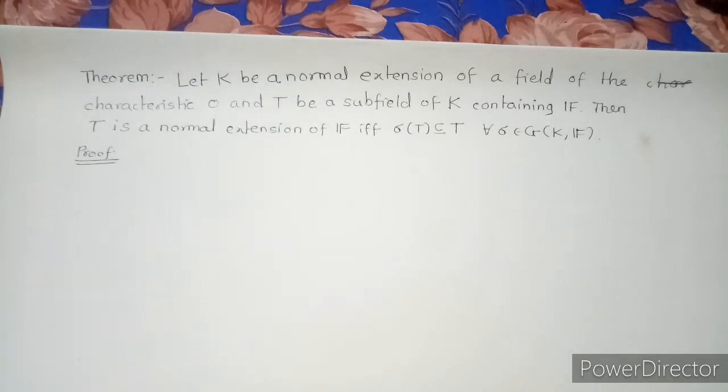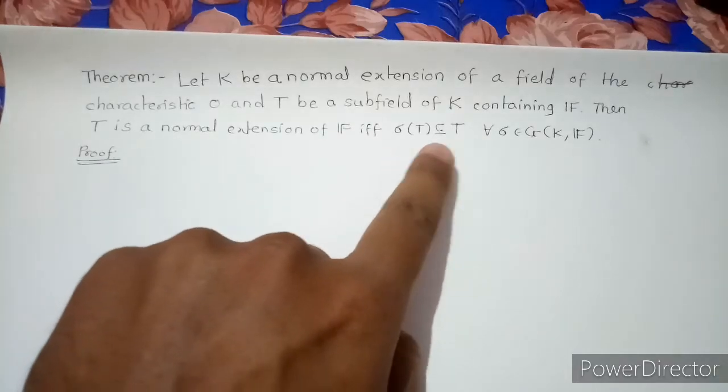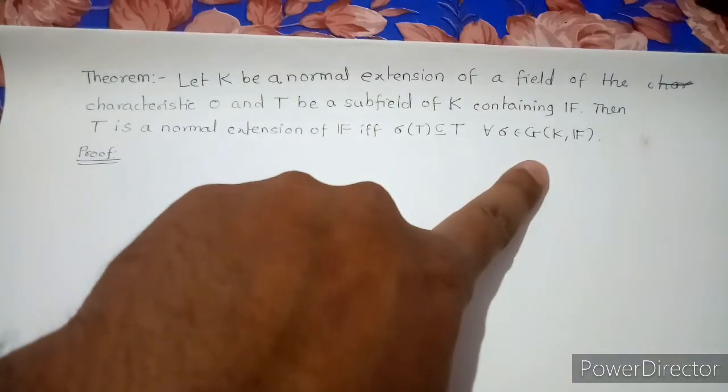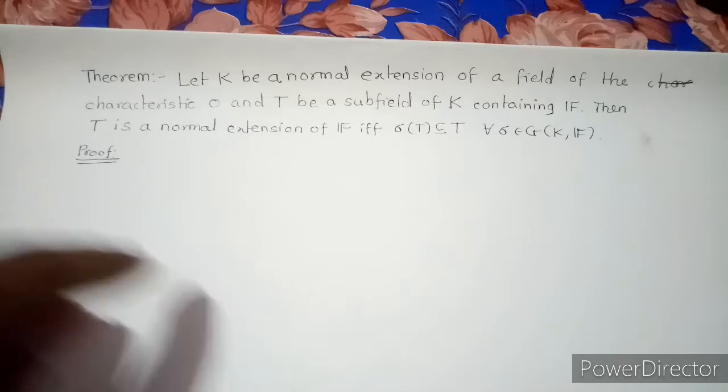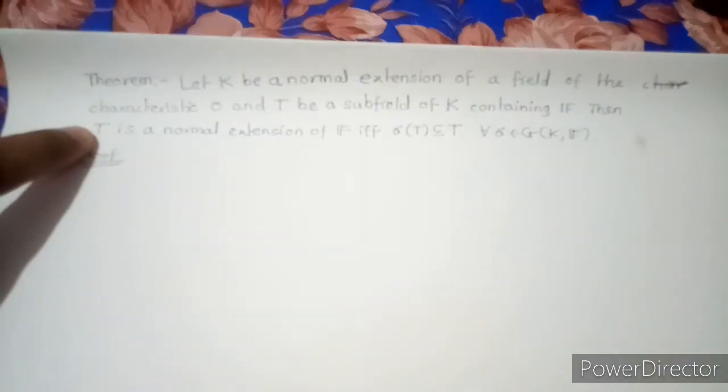So let us start with the proof. First of all, I will tell you the strategy that we are going to use here. In the first part, we are going to assume that sigma of T is contained in T for all sigma belonging to GKF, and we prove that T is a normal extension of a field F. To do this, we use the previous theorem.